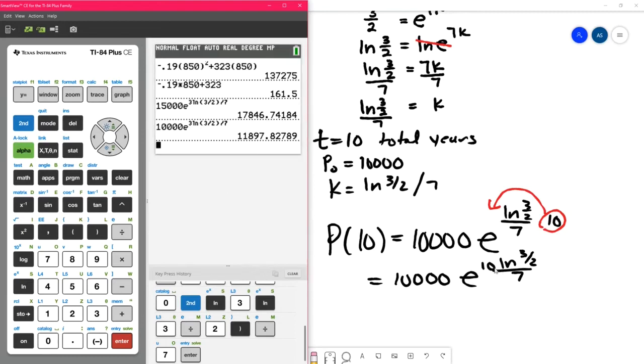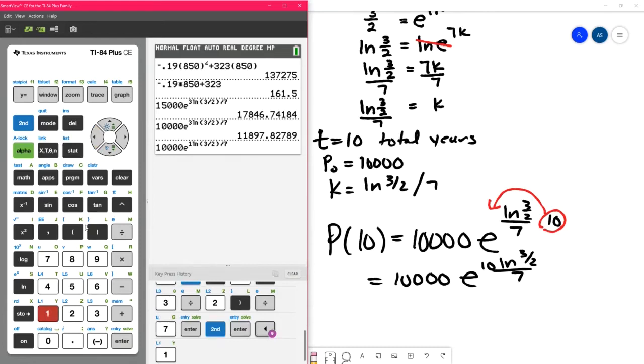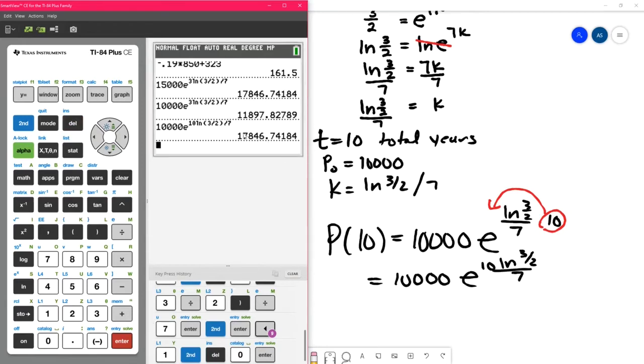And I apologize, I typed a 3 here instead of the 10, so let's try that again. I want to change this 3 to a 10. And there you can see we get the same answer, 17,847.